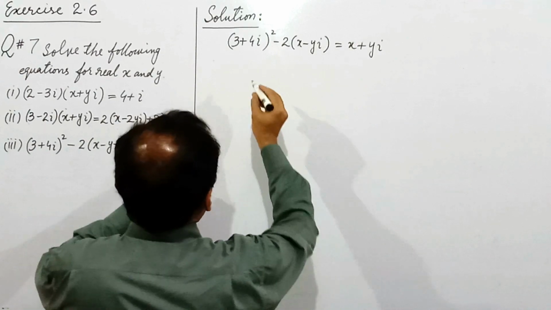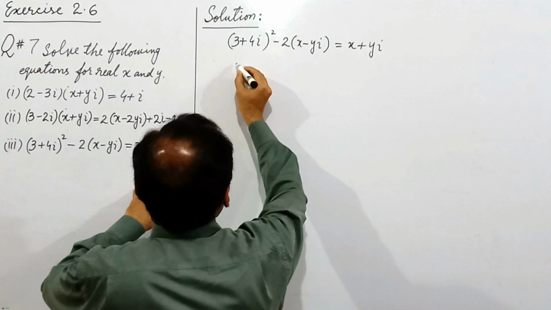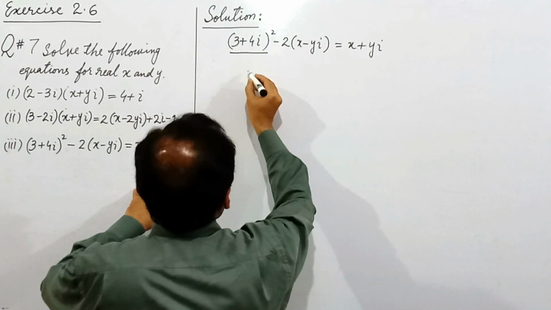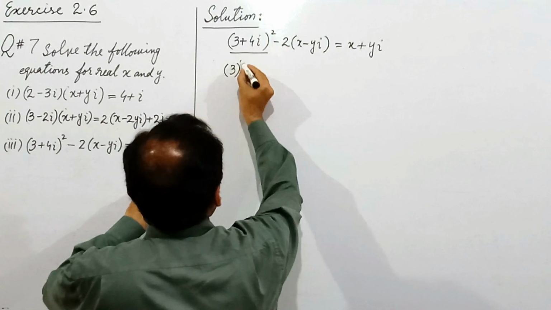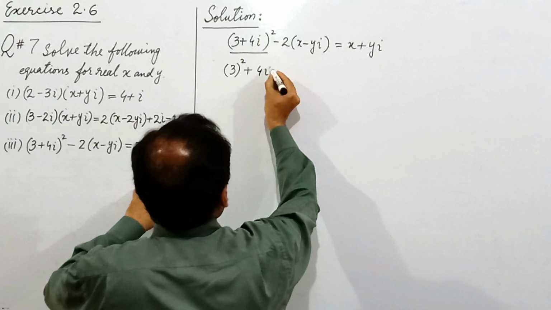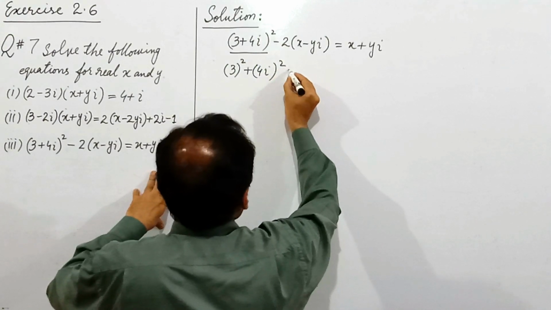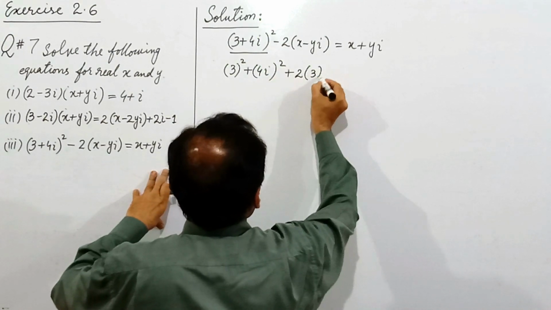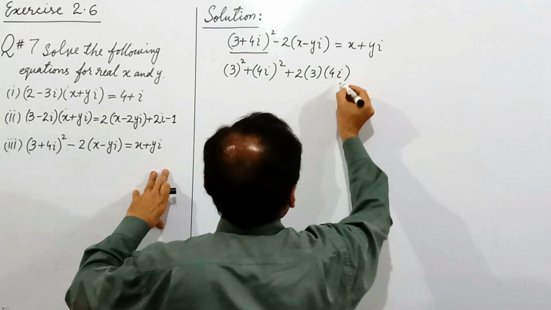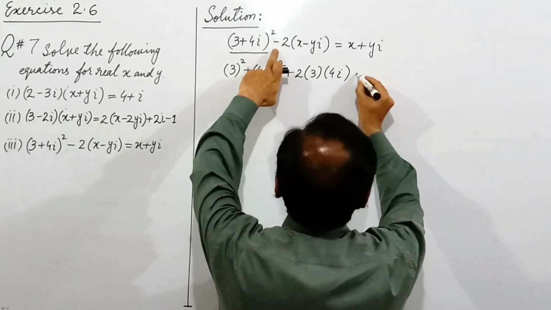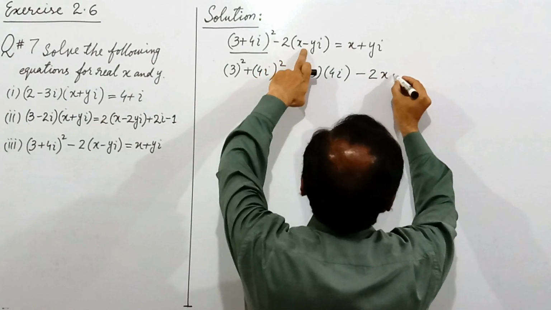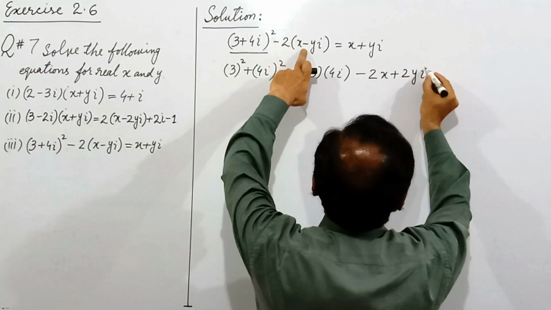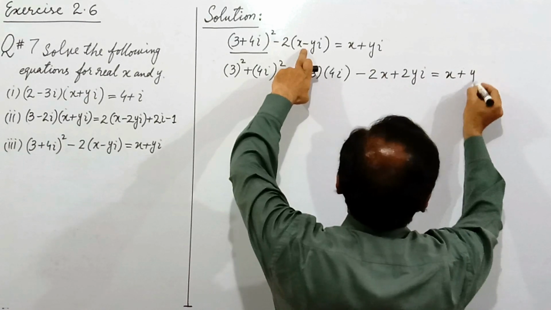In this, we apply the formula (a plus b) whole square, and according to that we have 3 square plus (4 iota) square plus 2 into 3 into 4 iota. Minus 2, we open the bracket, minus 2x plus 2y iota is equal to x plus y iota.